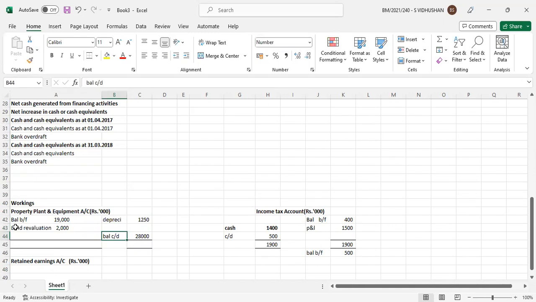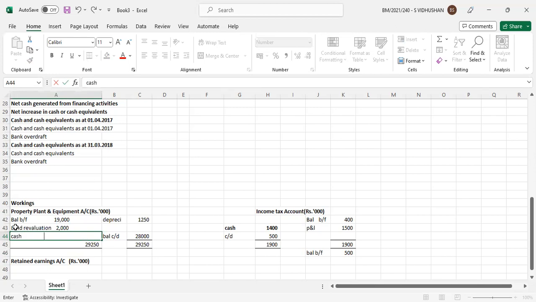Now you need to simply balance this account. So what is this 8,250? The new equipment they have purchased. So they have purchased a motor vehicle, paying in cash, 8,250. So we have found that, okay?